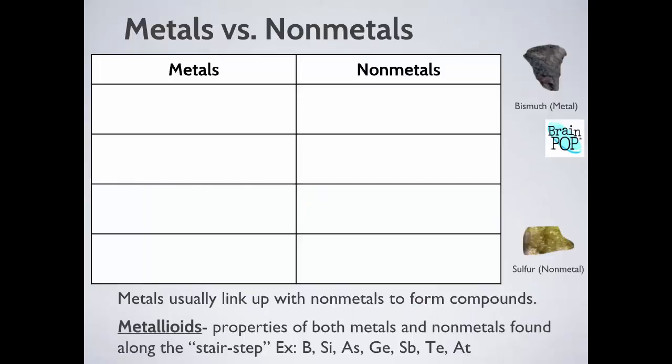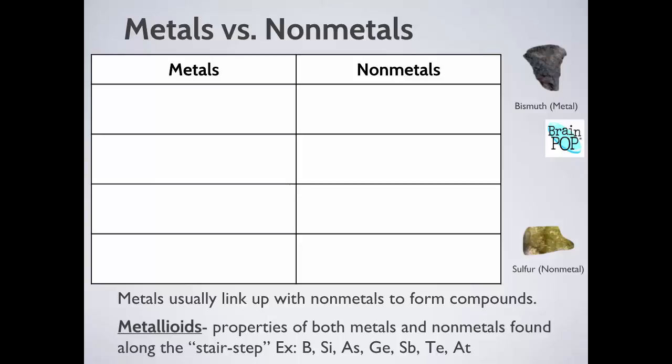All right, our last slide here is about metals versus nonmetals. So we've talked about them briefly. Where in the periodic table do you find the metals? Which side, Joey? Left side of the periodic table are the metals, right side are the nonmetals. We're just going to compare them a bit.